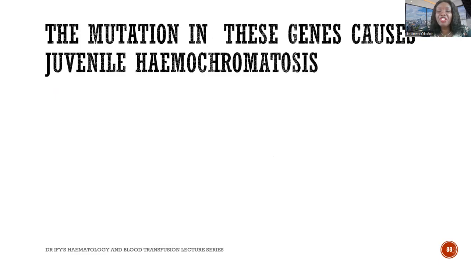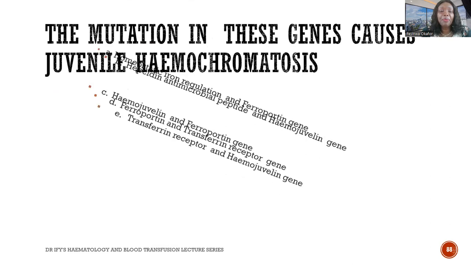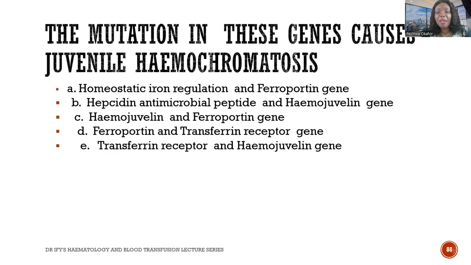The mutation in this gene causes juvenile hemochromatosis. A, hemostatic ion regulation and ferroportin gene, B, hepcidin antimicrobial peptide and hemojuvelin gene, C, ferroportin and transferrin receptor gene, D, transferrin receptor and hemojuvelin gene.